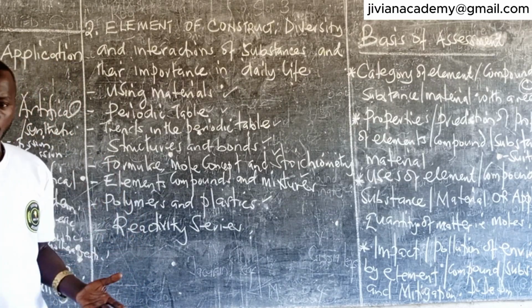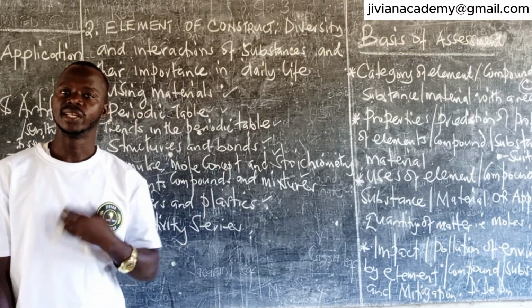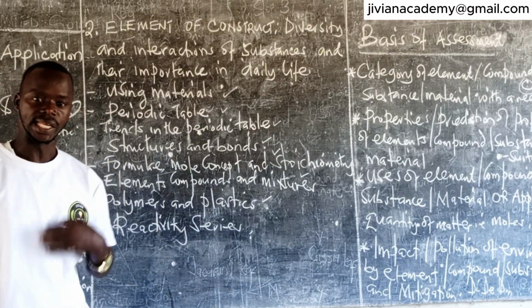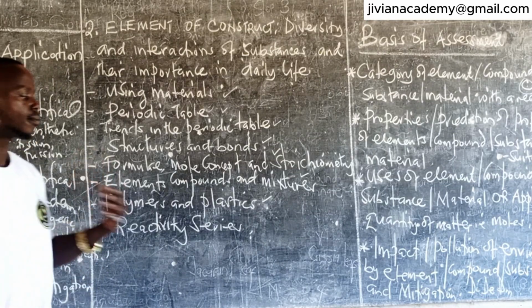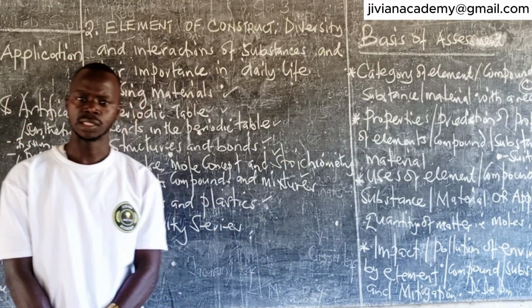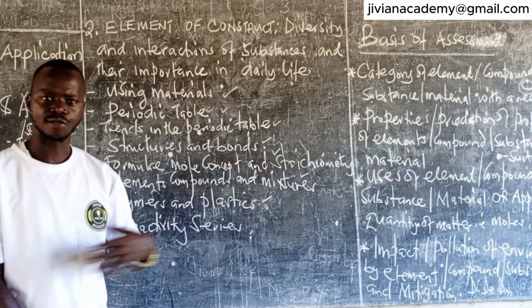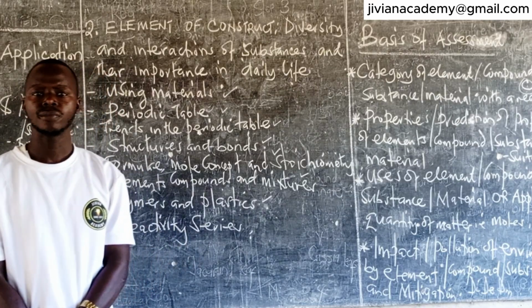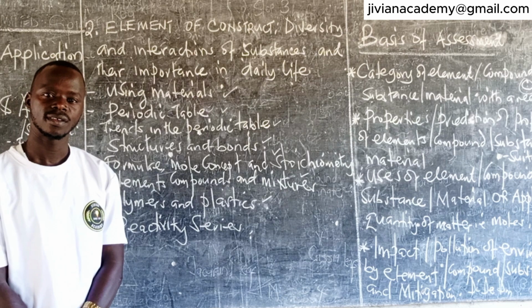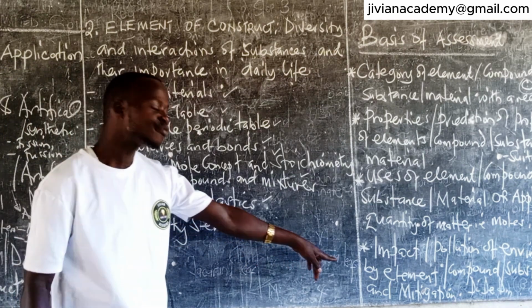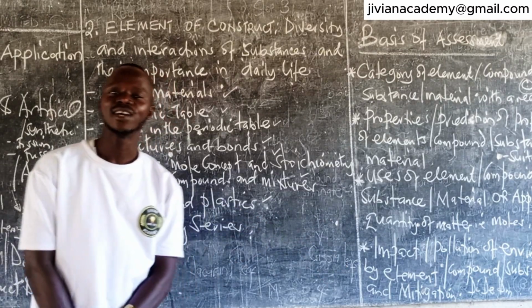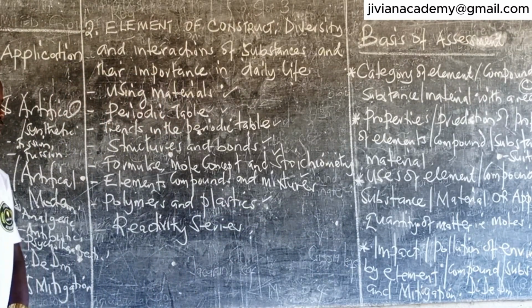It causes soil pollution. Why? Because it does not decompose. It does not decompose, and this can be mitigated by proper dumping of the polythene or recycling of the product. That's how we can answer that particular section of the task.